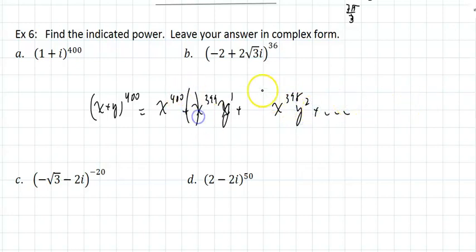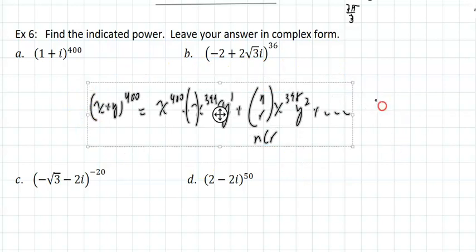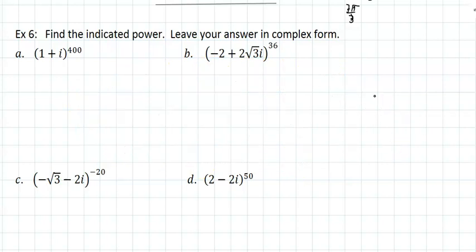And these numbers you have to figure out with n choose r, if you remember, from the binomial theorem in college algebra or using Pascal's triangle. But (a + bi)^400 is c + di.